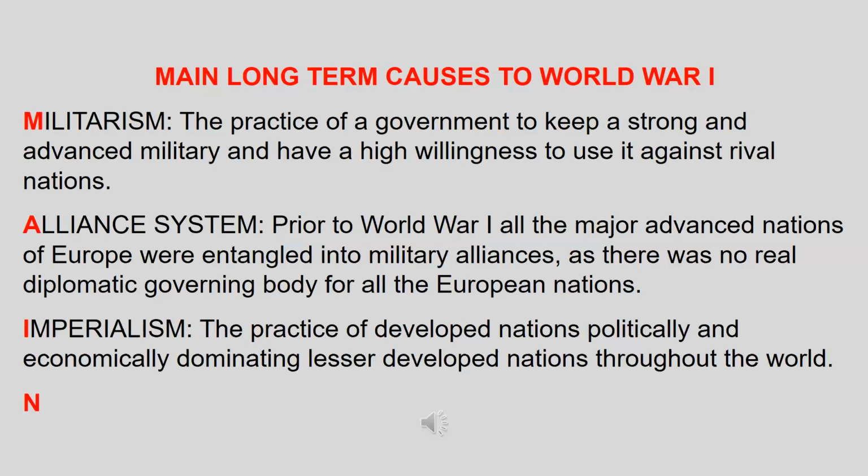Much to the chagrin of colonial societies who did contribute to their imperialist nations' wartime causes, those were ultimately the false promises of independence and self-determination that World War I would historically become notorious for. So, the I in MAIN stands for imperialism.